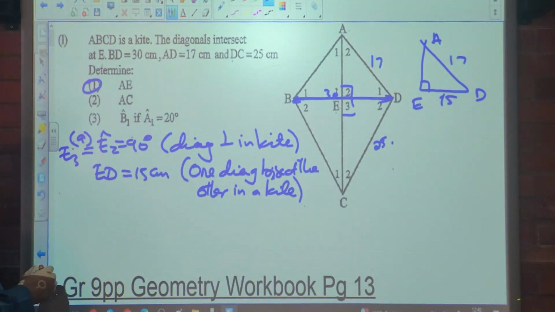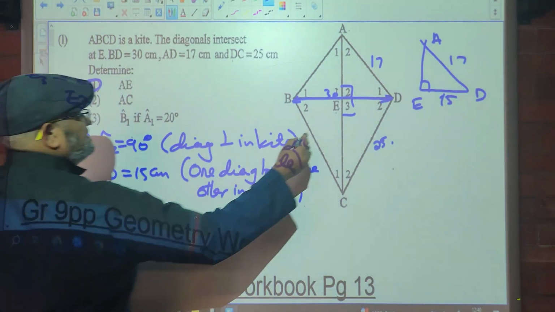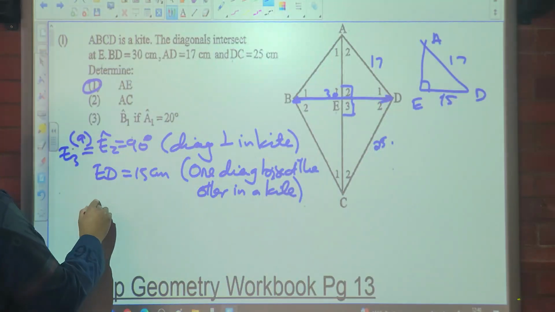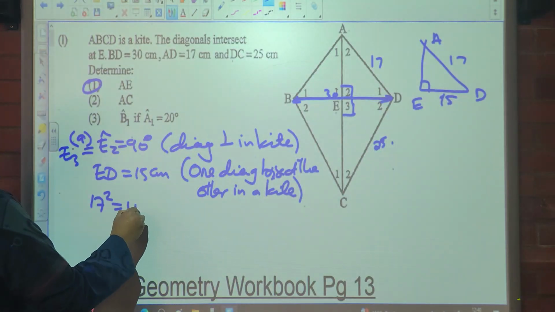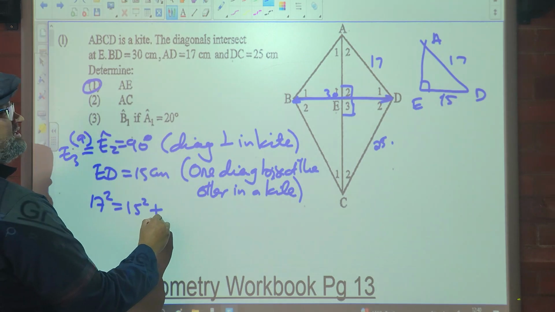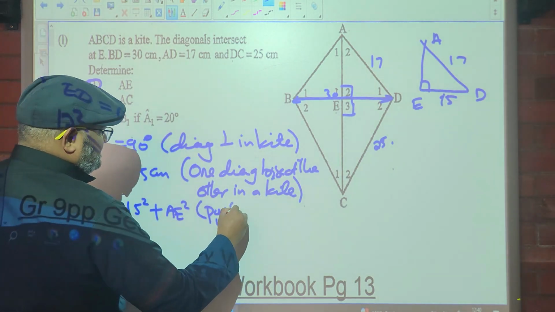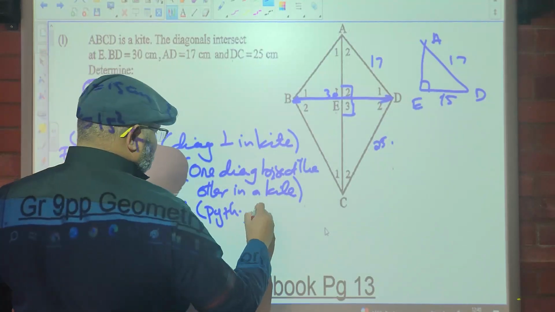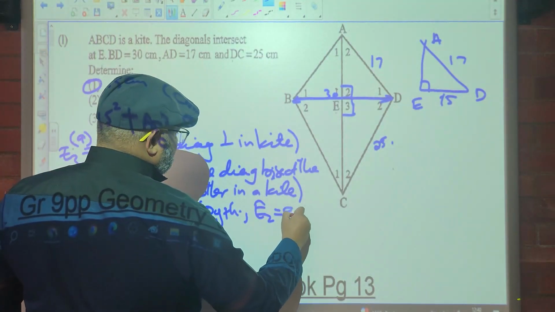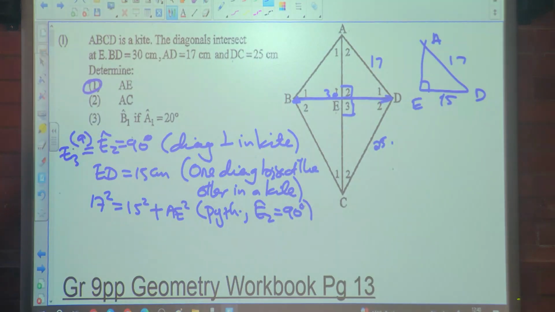Okay. Now I'm going to go with Pythagoras. So it's going to be 17 squared is equal to 15 squared plus AE squared. Why? Pythagoras.